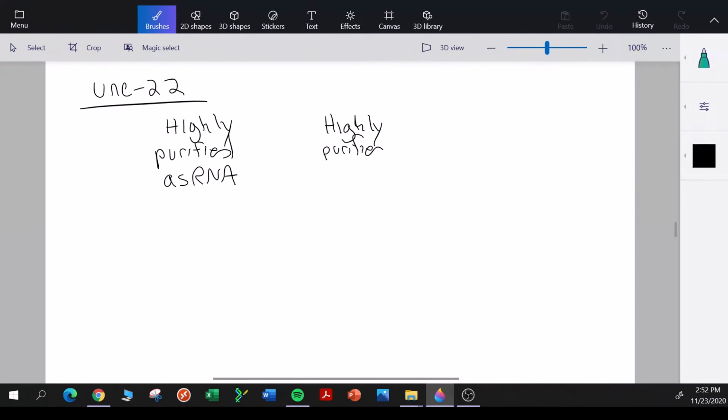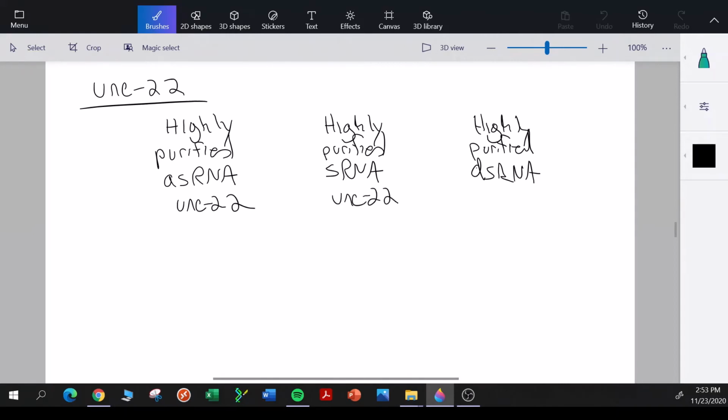you can probably guess what I'm going to say here, right? Sense RNA. And they used highly purified double-stranded RNA. They just didn't use random RNAs here. All these RNAs matched the UNC22 gene.